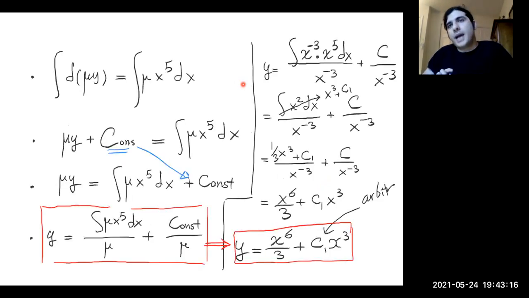I would go back to the equation I had and plug in mu as x to the -3. I would take this integral and divide by this mu in the denominator. That would give me the answer. This is the result: x to the 6 over 3 plus C1 x cubed.